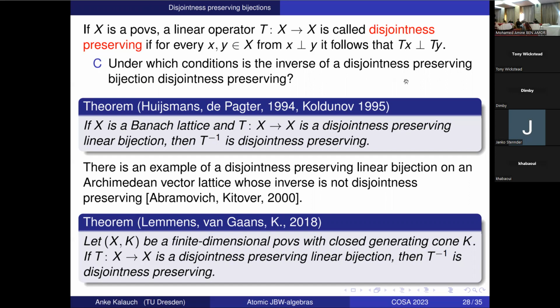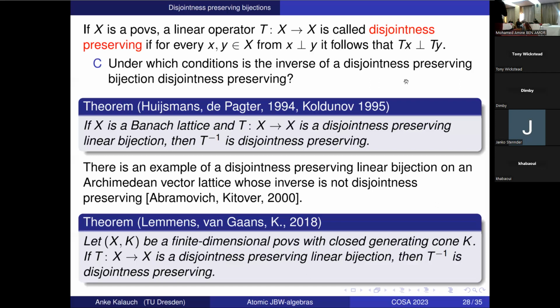Okay. So we have clarified all the part of also the structural part. And now I go back to a classical problem of the disjointness preserving operators. The definition is there. It's a natural one. You can define it in partially ordered vector spaces in a similar way now.